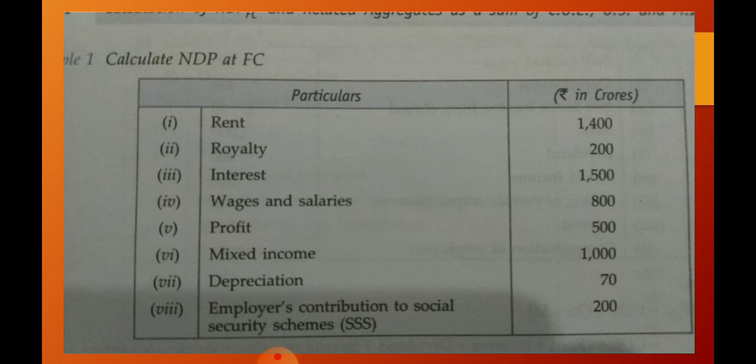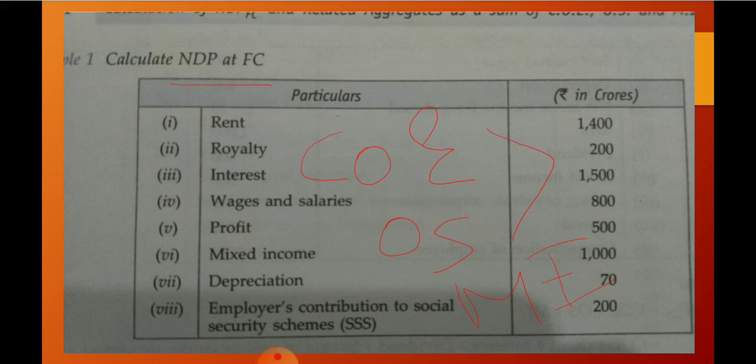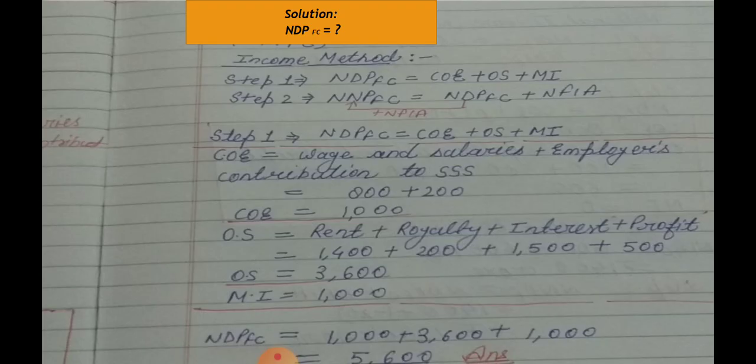Here is the first question. You have to calculate NDPFC. What are the components? Remember that COE, OS and MI. When you calculate all these, then you are able to get NDPFC. So let's do its solution.